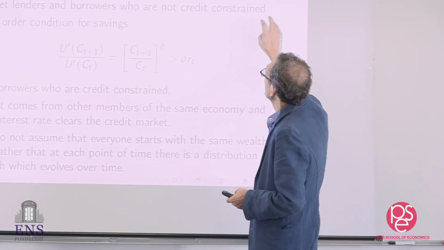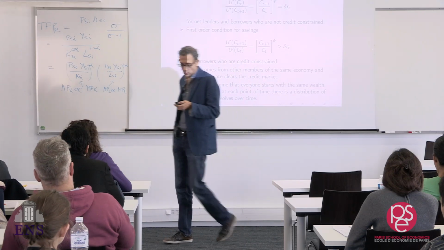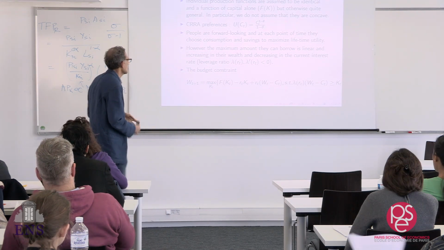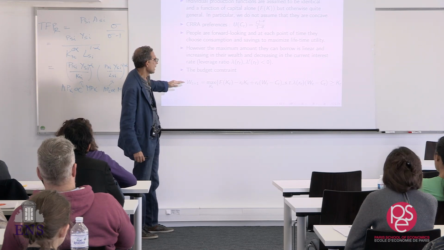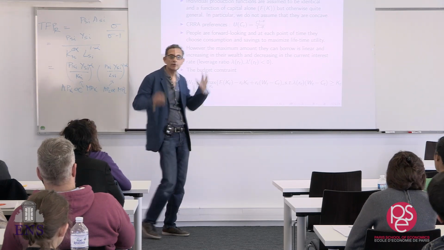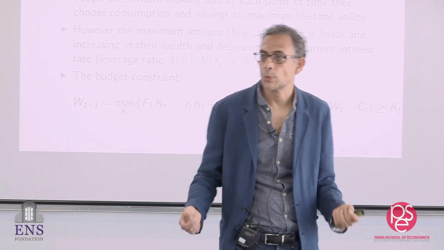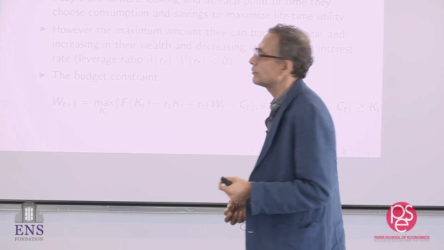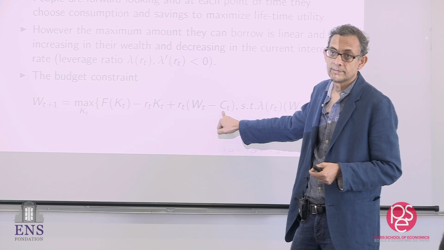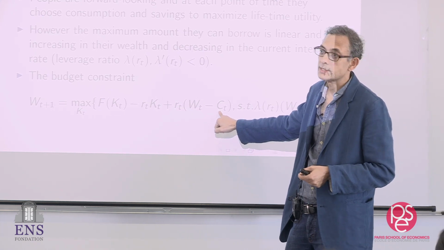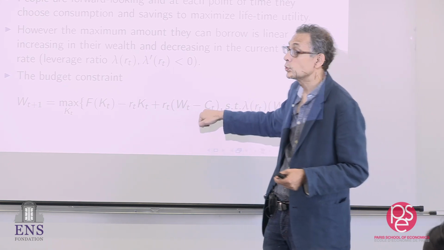Now, this is only true for people who are... so let me go back for a second. Let's write down the optimization problem before we do that. So what are you maximizing? Think of the world as when every period, you start with a certain wealth. Out of the wealth, you have to decide how much you're going to eat because you're hungry. It's lunchtime, so you eat a certain amount. What's left is what you can invest.